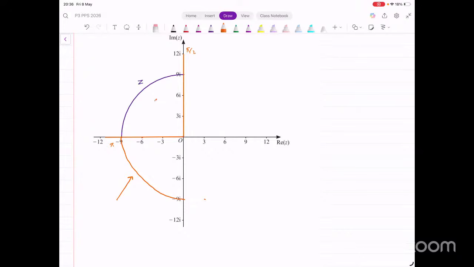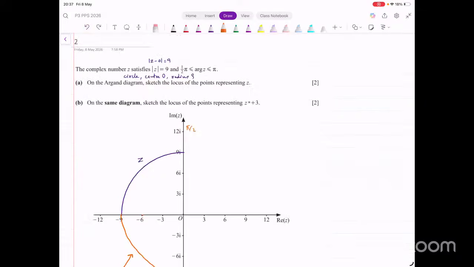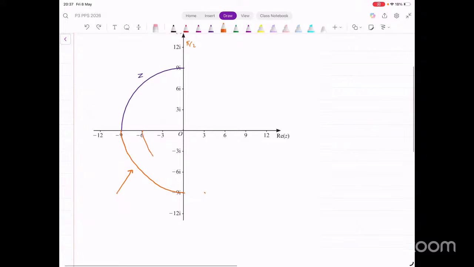Now it will be starting from -6 here. Erase the rest of it. It will be starting from -6 here and going up to this point, which is 3 and -9. So this is what it looks like now. You can draw this roughly like this, and you say this is the locus of z conjugate plus 3.